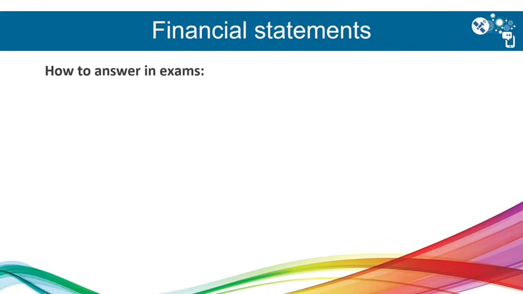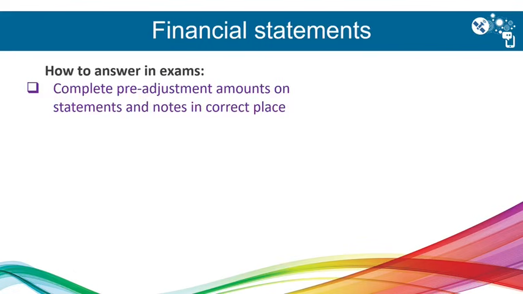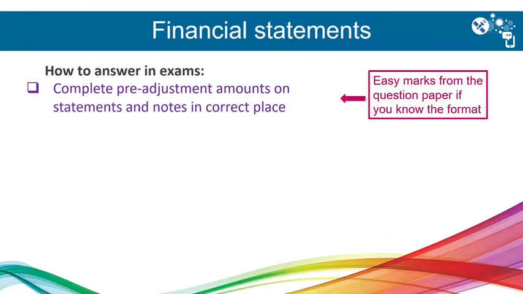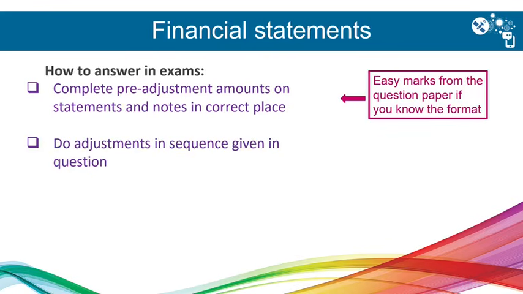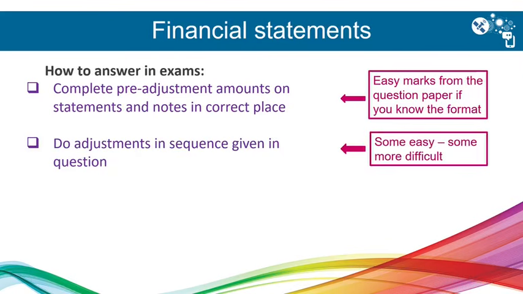Now, how do we answer these questions in an exam or a test? First thing that you do is you complete the pre-adjustment amounts on the statement and the notes in the correct place. And these are easy marks because you've got this on your question paper. You just have to rewrite it, and again, you must know the format. Then you start with adjustments in the sequence given. Some of those adjustments will be easy, some of them will be more difficult.